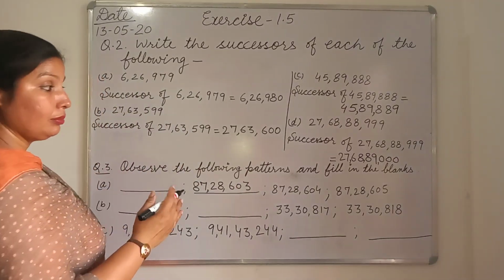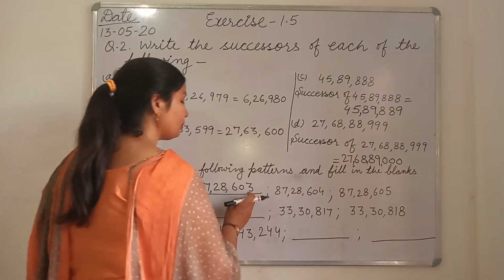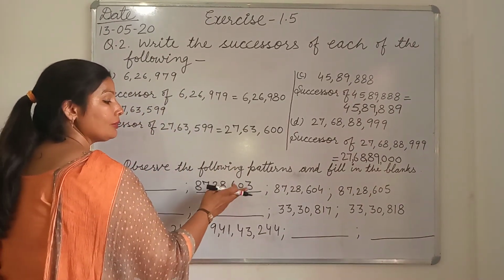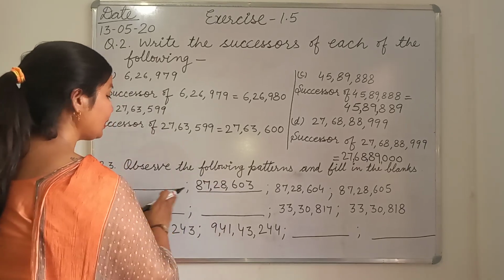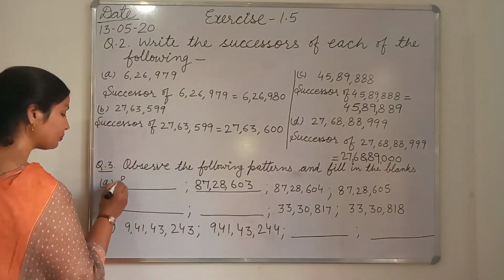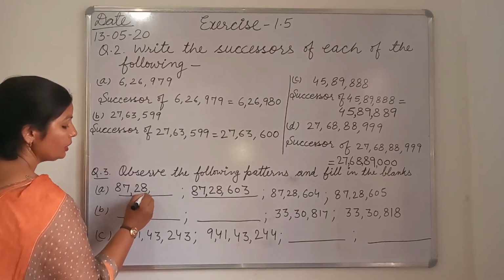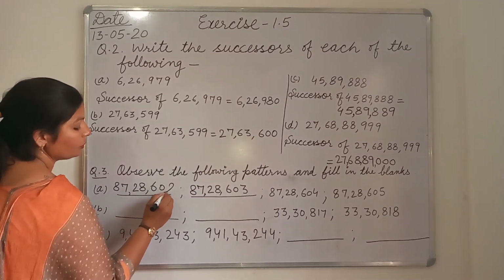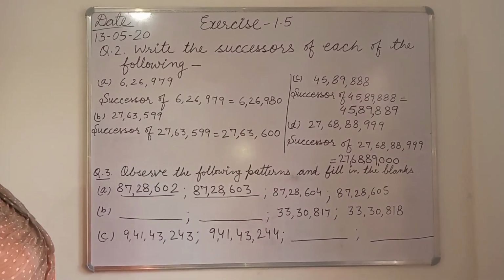Then before that, because we are adding 1, 3, then 4, then 5. So before 3 what do we have? We will do minus 1, so there will be 2. So now minus 1, what do we get here? 87 lakhs 28,602. Okay? So like this you will get your pattern.